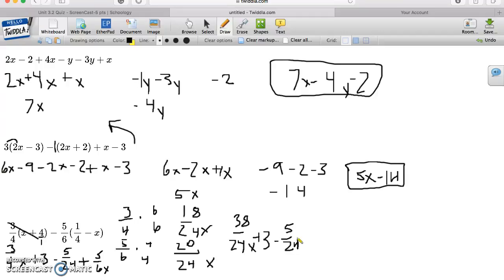So now lastly, we're going to take this right here and subtract 5 over 24 from 3. So we can just take 3 times 24 and just subtract it by 5. So what we're going to do is, actually we can just simplify it right away. So it's going to be 2 and 19/24.